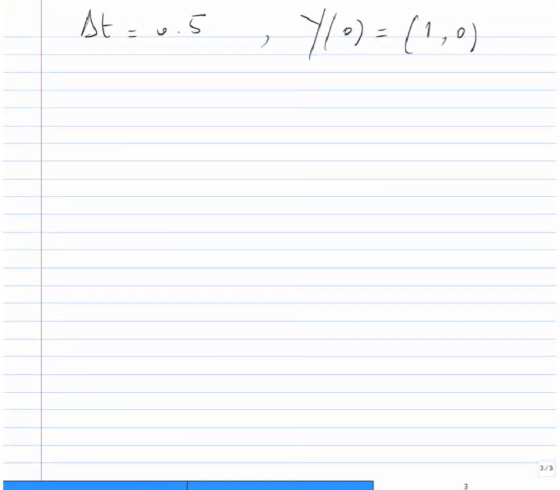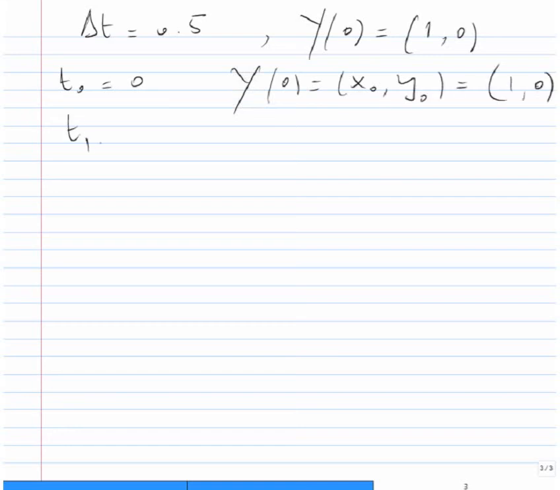So from here, we're able to find most of the points. You can use any representation as long as you find the x_n and y_n. If we take t0 equal 0, then we know that y of 0, (x0, y0), is equal to (1, 0). Next, we take t1, which is t0 plus delta t, and that's 0.5. So we need to find x1, y1.